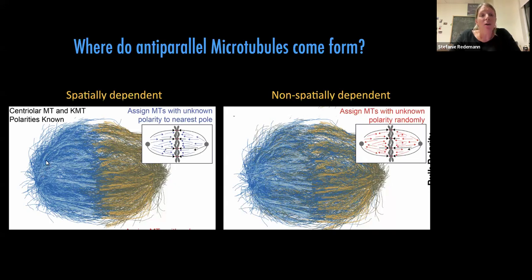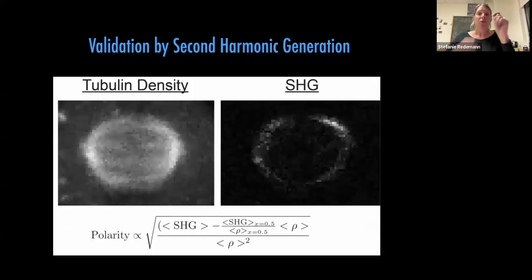So therefore, the plus end will be here and the minus end will be here. So you could just assign it based on the distance to the nearest pole, or you could assign it randomly. And of course, we have to have some way to verify this model and also the data we get of the electron microscope.